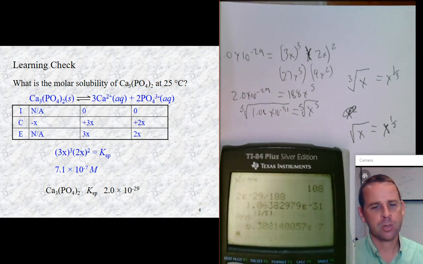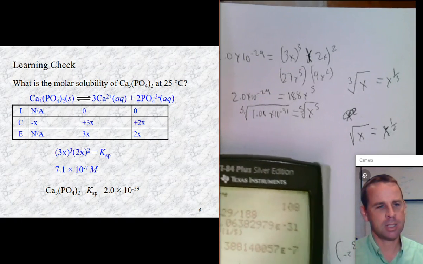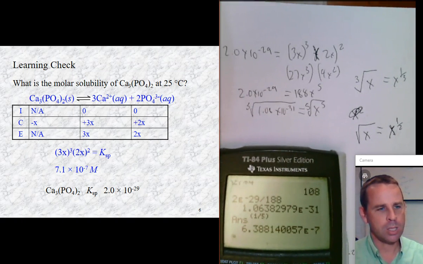Okay? So then that gives me 6.3 times 10 to the minus 7, which is the value of x, and is not the right answer. What did I do wrong? 2.0 times 10 to the minus 29.